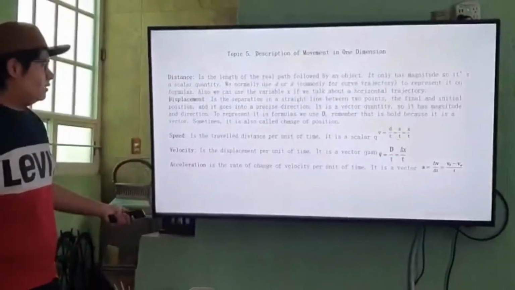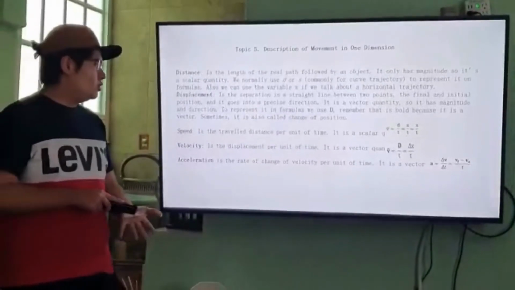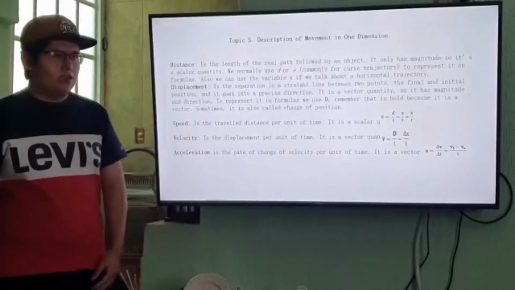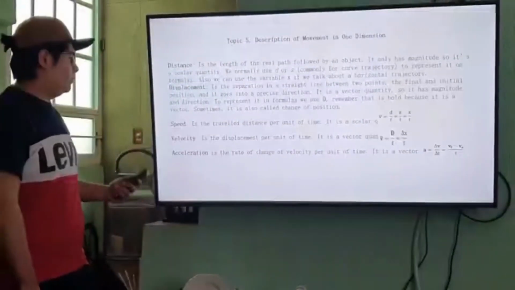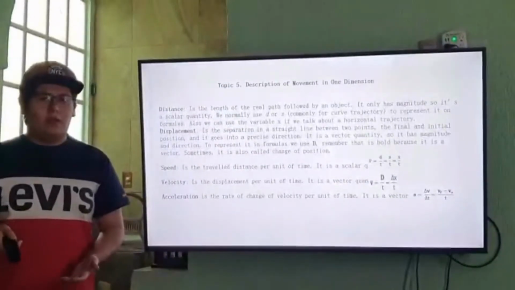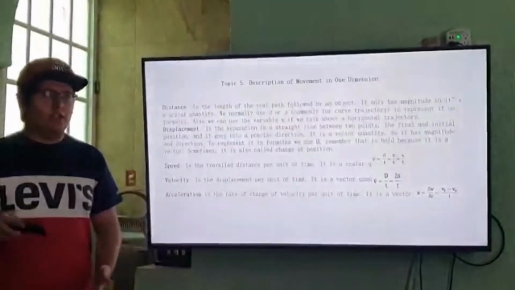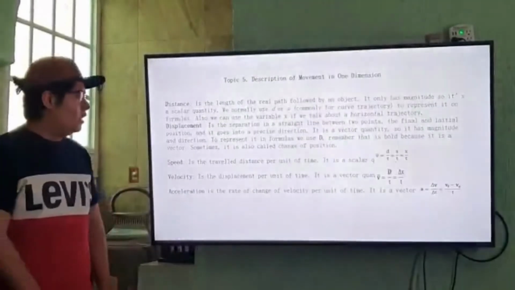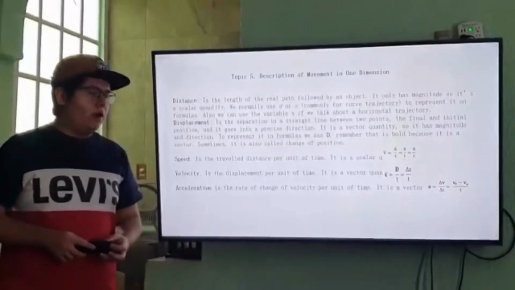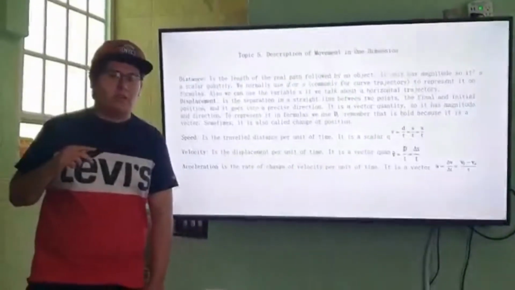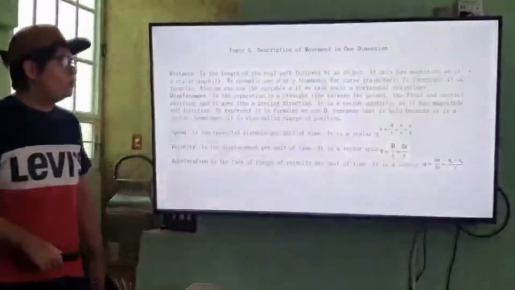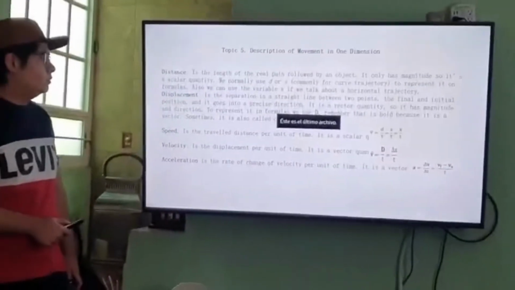The speed talks about only how much it has traveled, and velocity can change with the time and the speed that it has. And acceleration is how much it changed in a period of time.